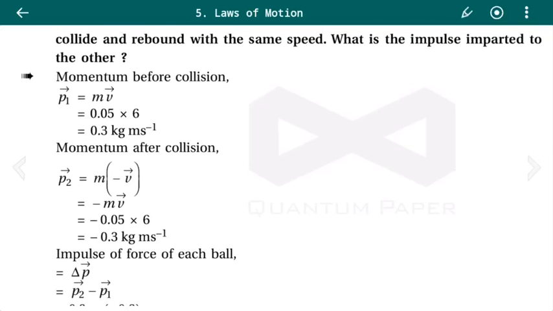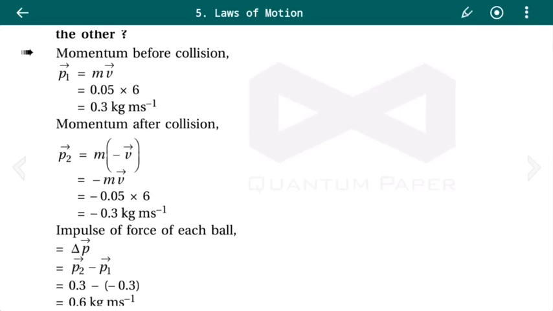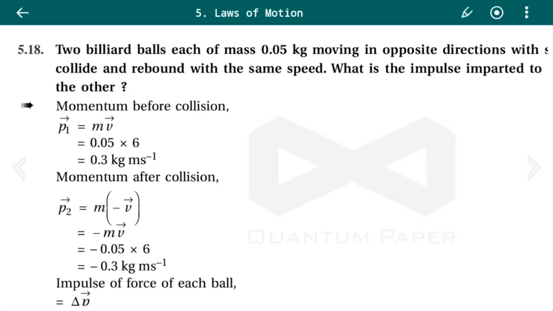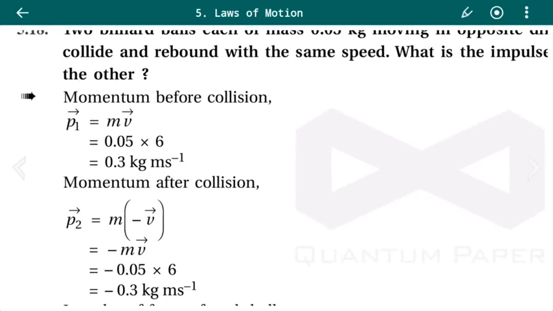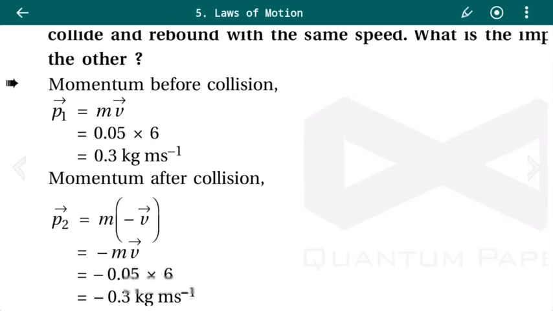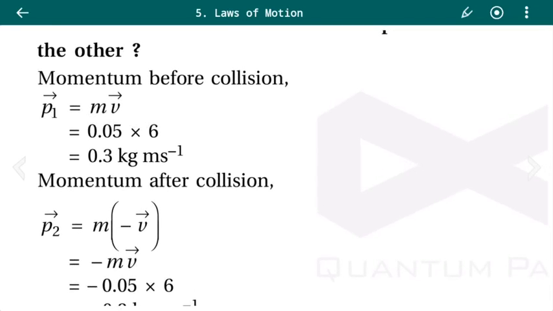Now change in momentum is final momentum minus initial momentum. First of all we will be finding the initial momentum and the final momentum. So let us see the momentum before collision, which is considered as the initial momentum. That is P1 vector equals mv vector, the product of mass and velocity.